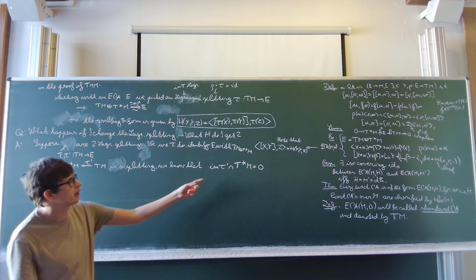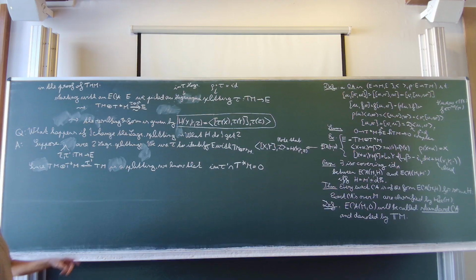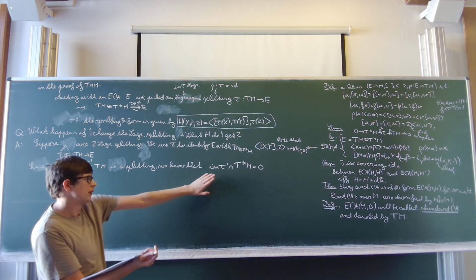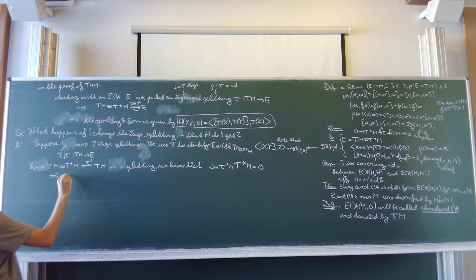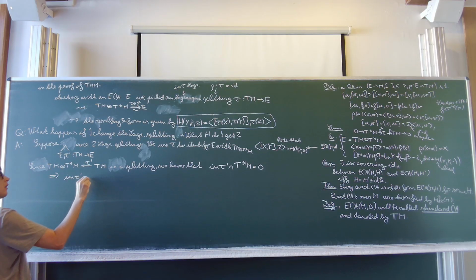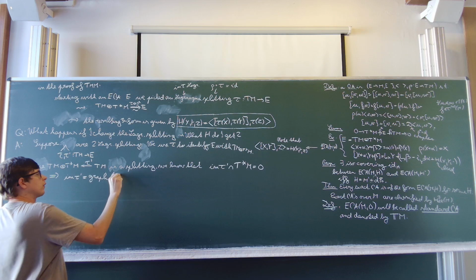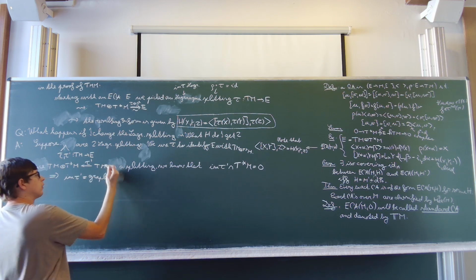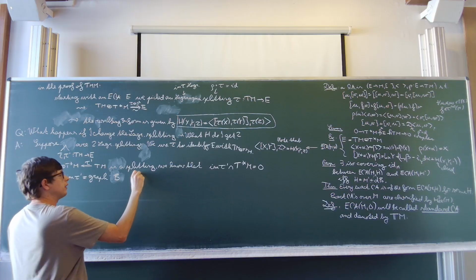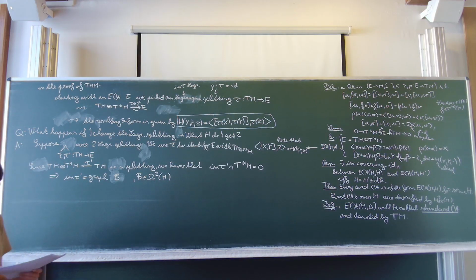If something would land in the cotangent bundle, then composing with the anchor we would kill it, but we want that to be the identity. So it has this property, which means that it's a graph. So the image of tau prime is the graph of some two form, graph of B, where B is a two form. This we showed before.